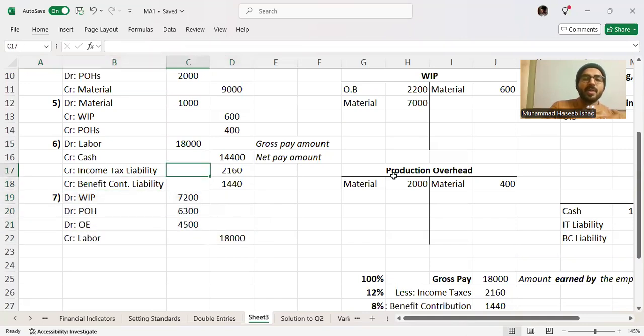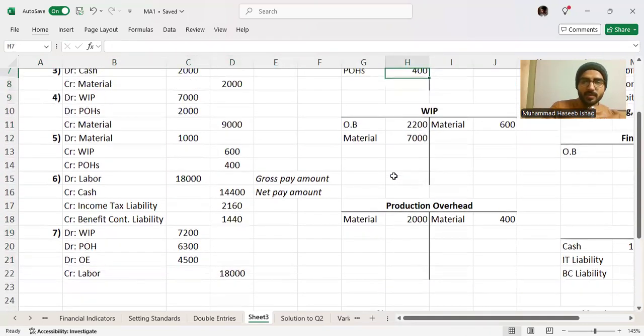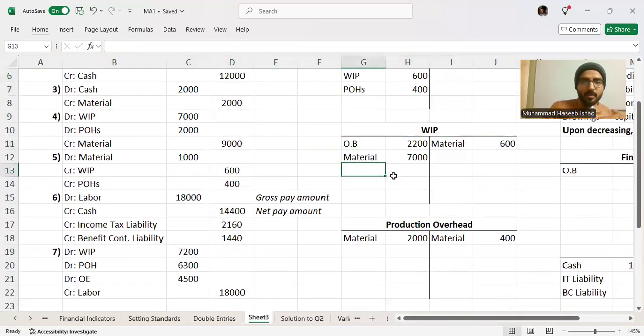So now we have to put it in the T accounts. So work in progress, we have to debit it by 7,200, right? And then we have to write the name of the opposite account that is now being credited in this transaction. It is the labor account. Then the production overhead account is being debited 5,300, and the name we should choose is the labor account, the account that is being credited.